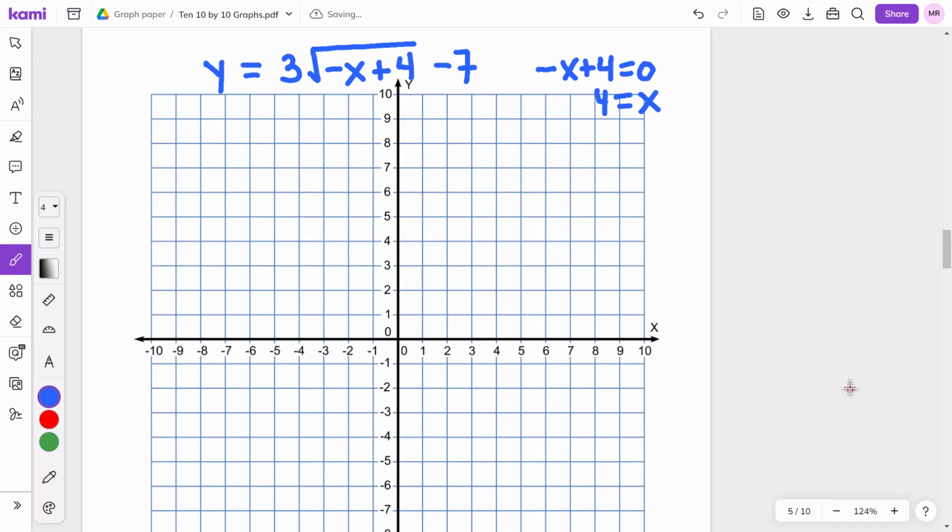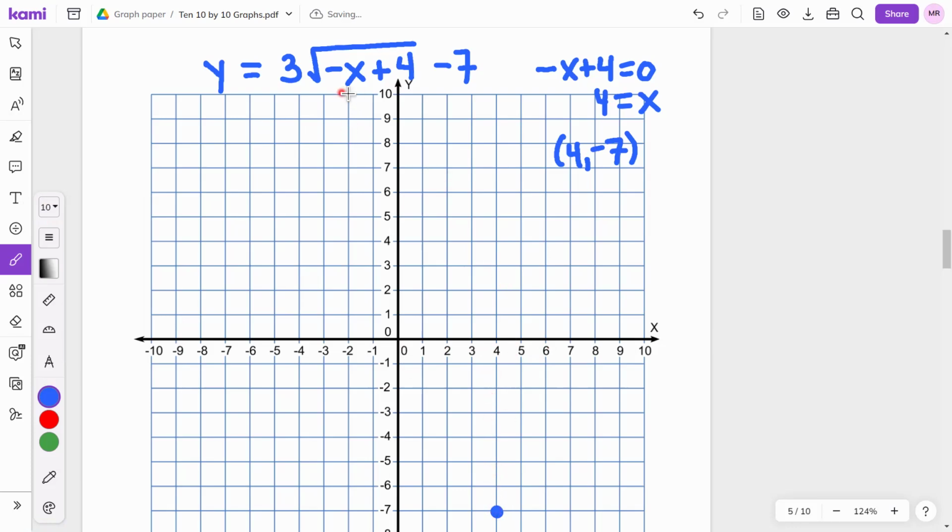So you got to be careful when you see that +4. It's not going to be a -4 because of the negative in front of our x. So this is going to be 4, comma, -7. That's going to be where I'm going to start. So I'm going to go to 4, -7.